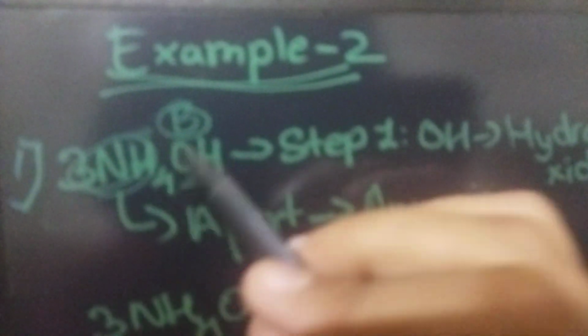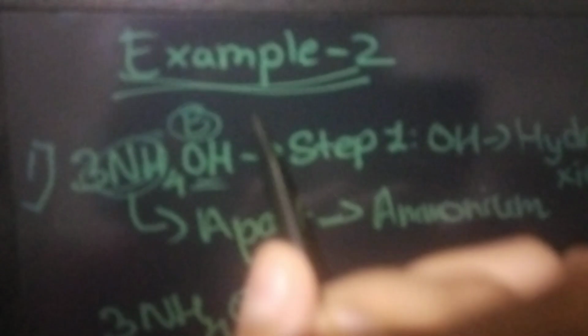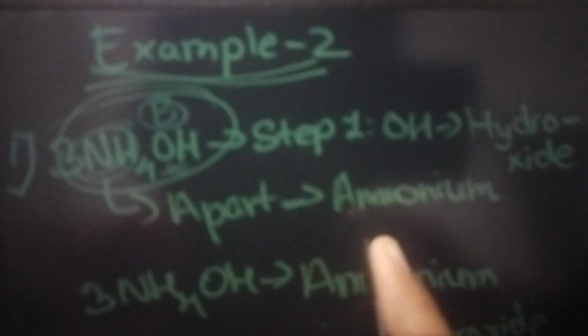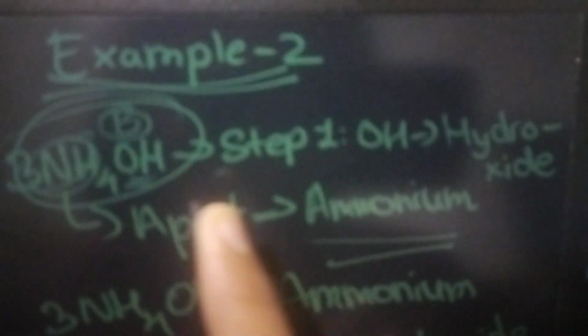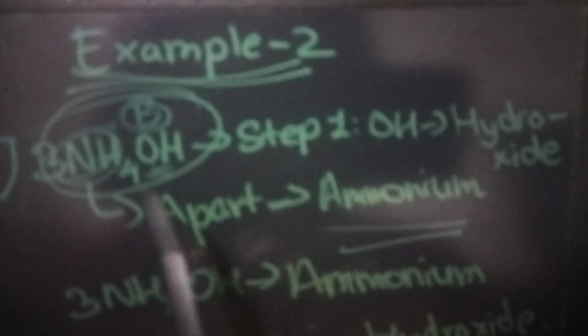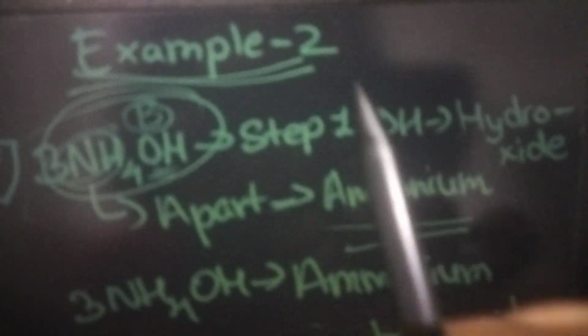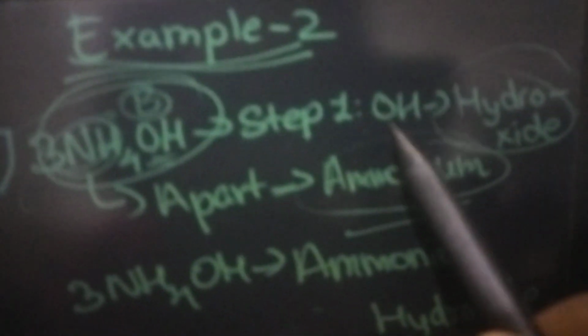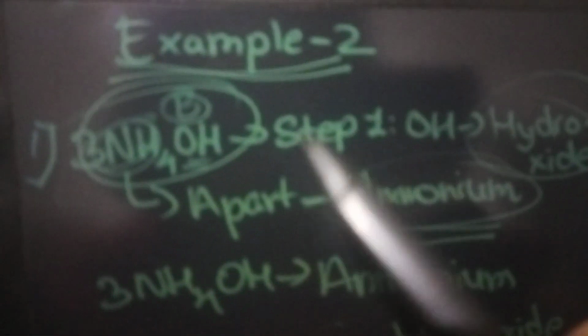So if you know the A part, you will be able to guess the correct word for this equation. So the A part here is ammonium and the B part here is hydroxide. So hence we have found out that 3NH4OH means ammonium hydroxide, and FeCl3 means iron chloride.